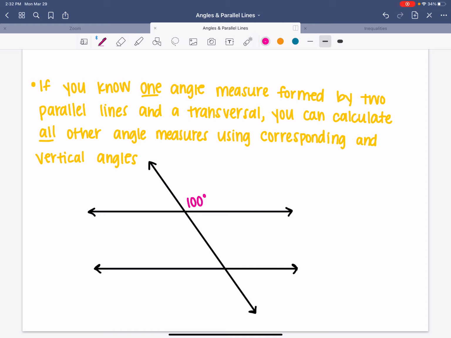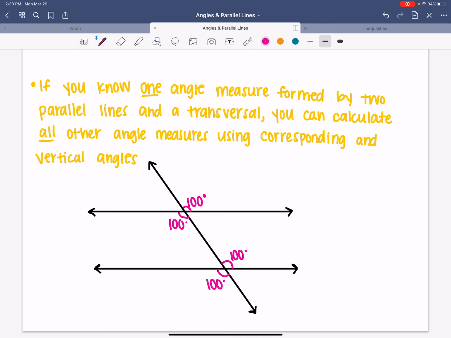So if this is 100, then this one is congruent to it by vertical angles, so that's 100 as well. Well, if this one's 100, then this one is also 100 because they're corresponding angles. If that bottom left angle is 100, it has a vertical angle right here.